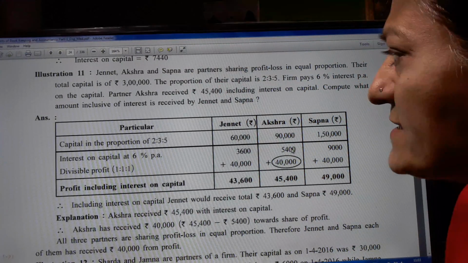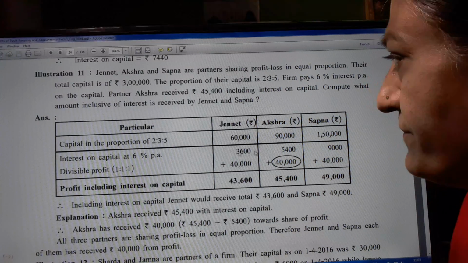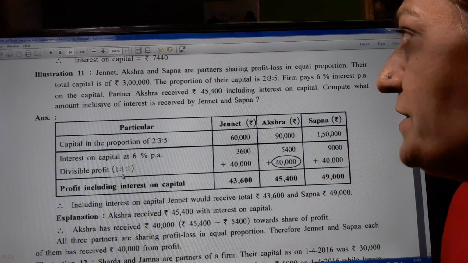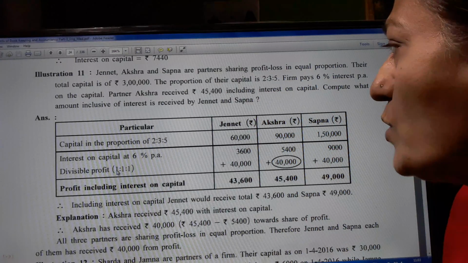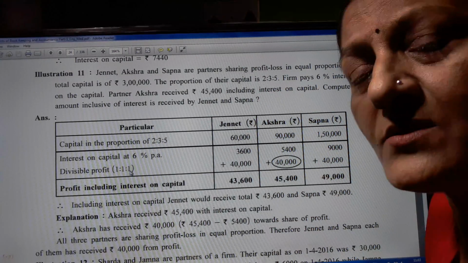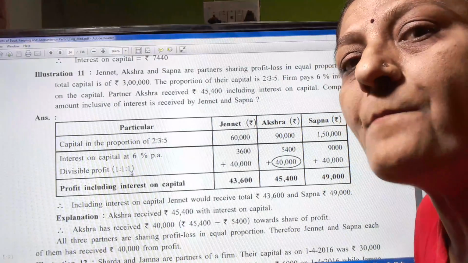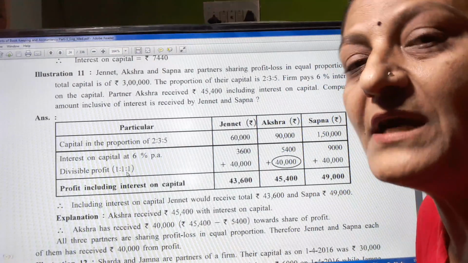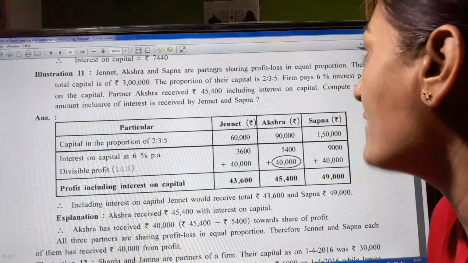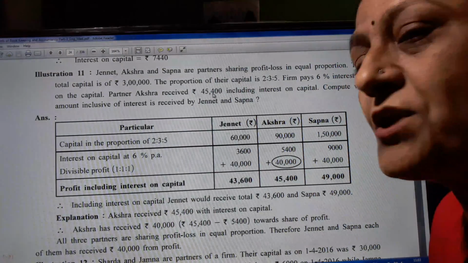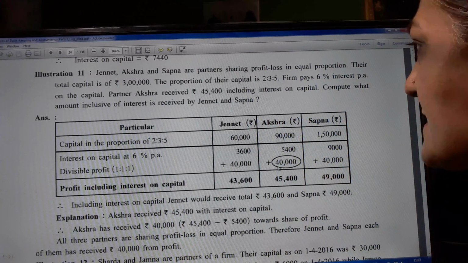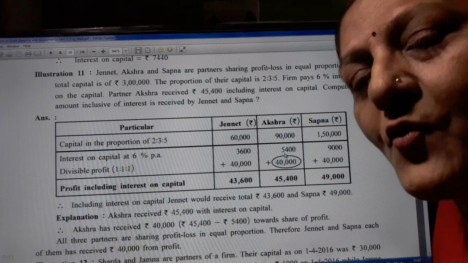Now it is given that the divisible profit is 1:1:1. But we don't know the other partners' amounts, while Akshara's amount with interest is given, 45,400. So 45,400 minus, what is Akshara's interest on capital? 5,400.